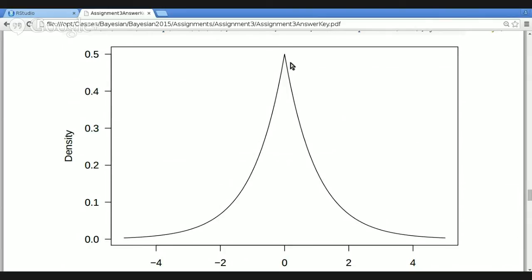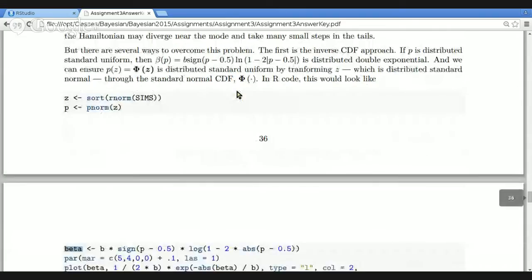It has long tails and it has the sharp peak and the absolute value and all that.